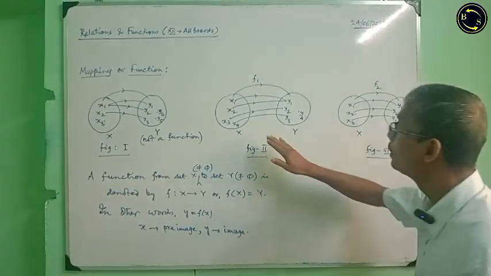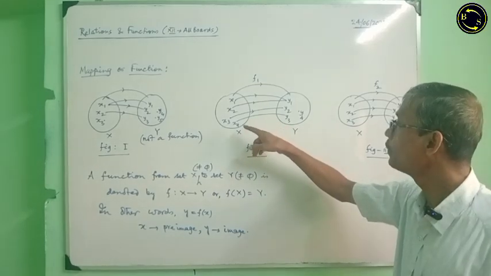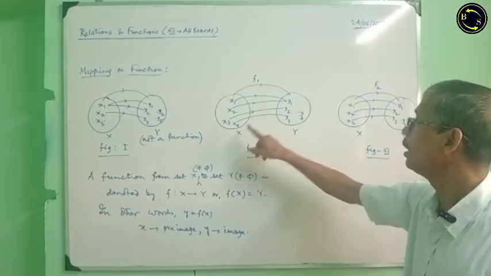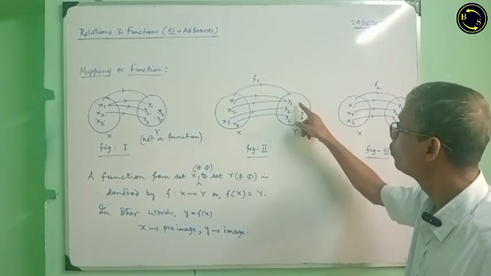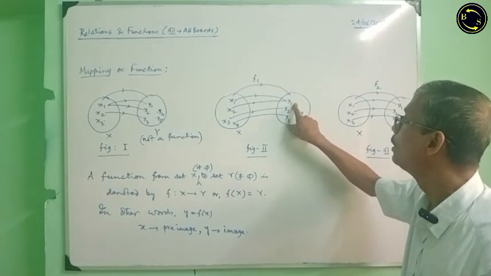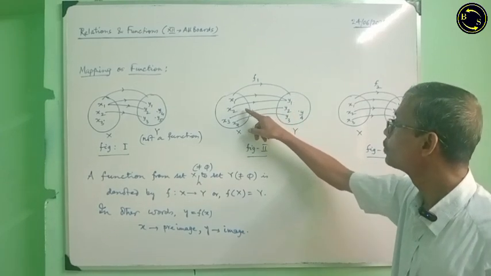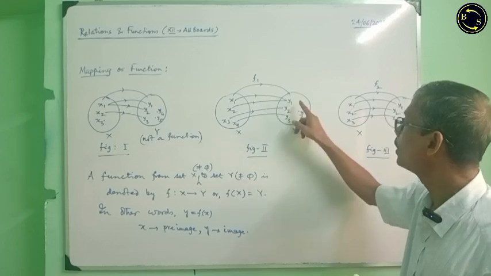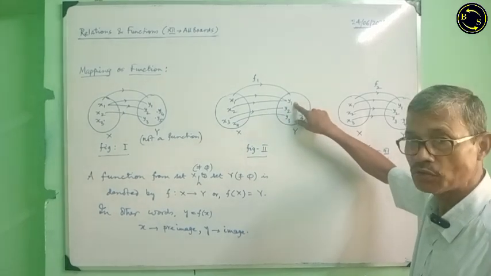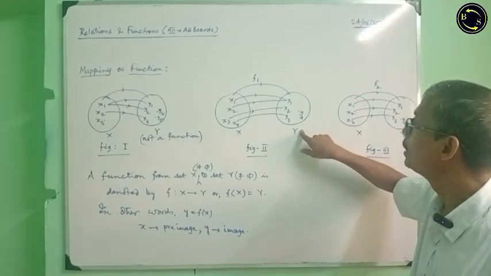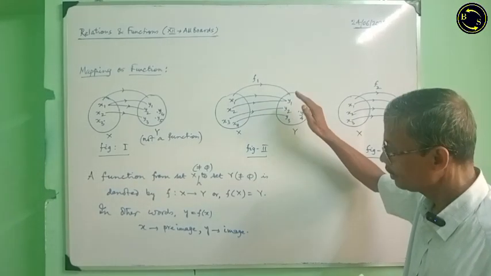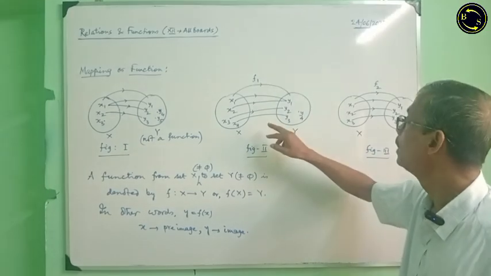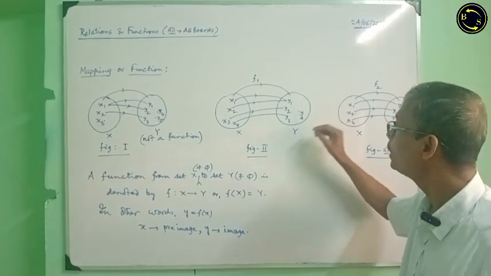Now let us consider figure 2. Here we find two members x1, x2 of set X are associated to y1. That means more than one element of X is connected to a y of set Y, and every x of set X is connected to some y.